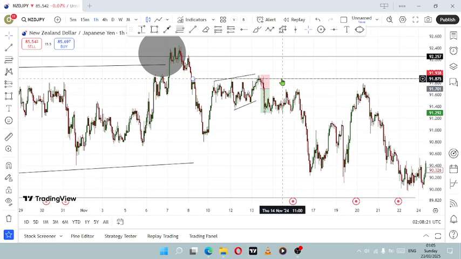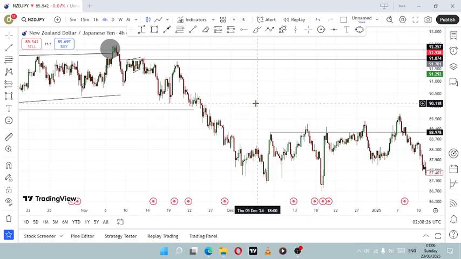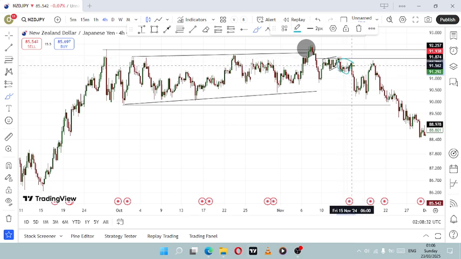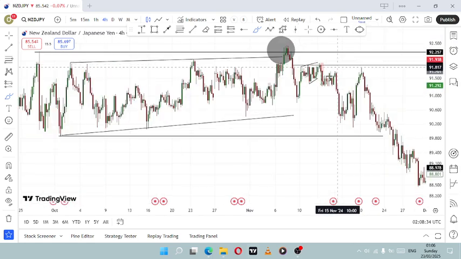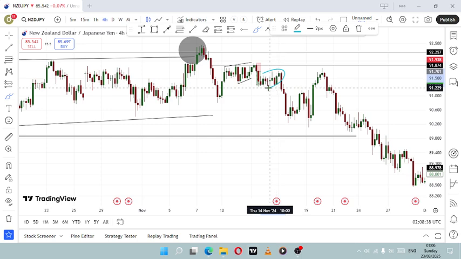Okay, let's look at the next sequence, which is this. If you look at the structure on the 4-hour, it is not structured, but you can see price dropped impulsively.